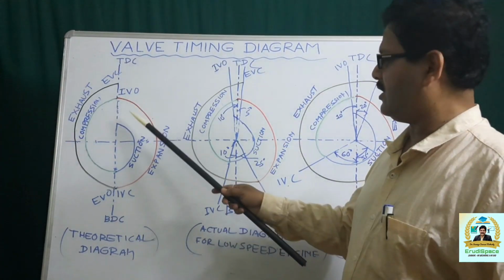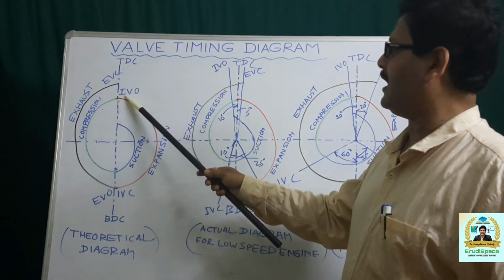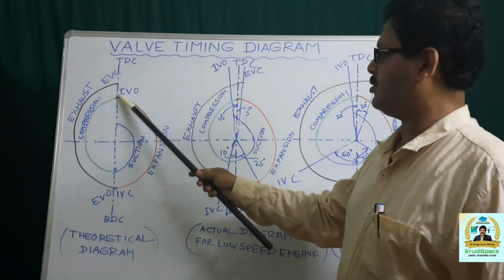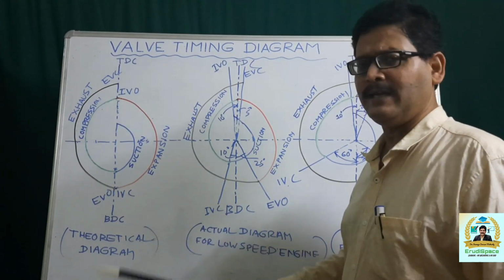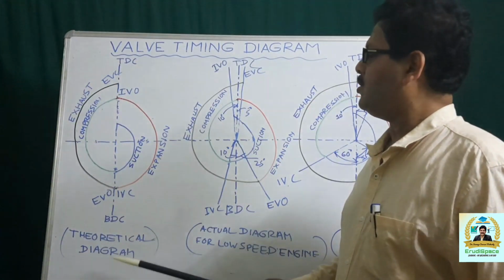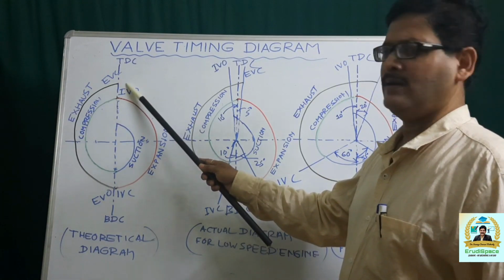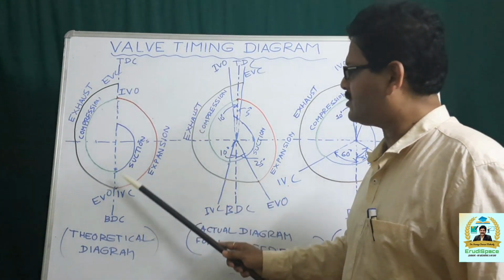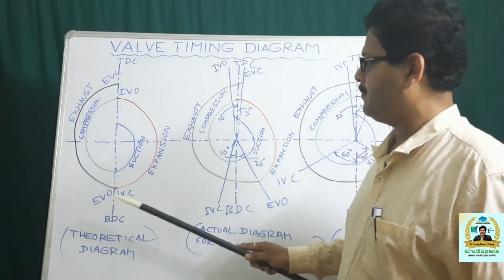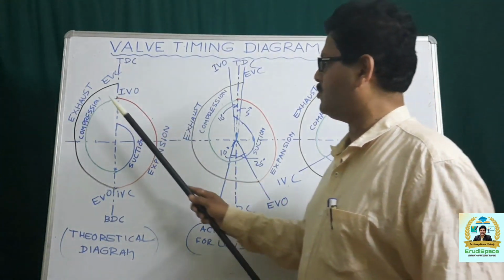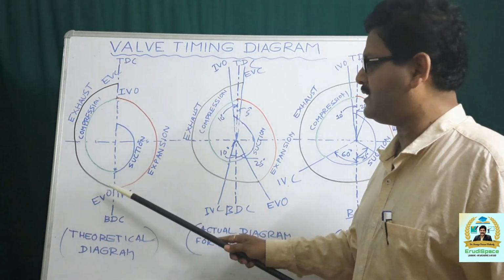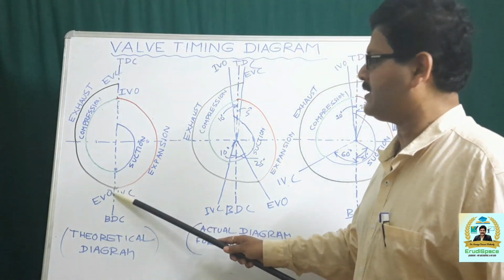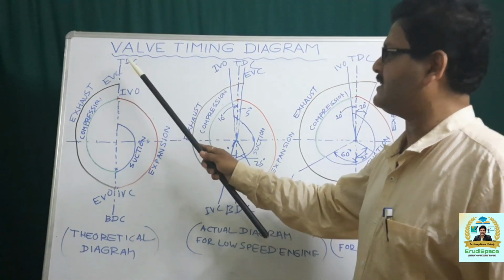So you can see the theoretical diagram. The inlet valve is opened at 0 degree crank angle and is closed at 180 degree crank angle. So it is opened at a dead center and is closed at a dead center. And similarly, when it comes to your exhaust valve, the exhaust valve is actually opened at 540 degree and is closed at 720 degree.